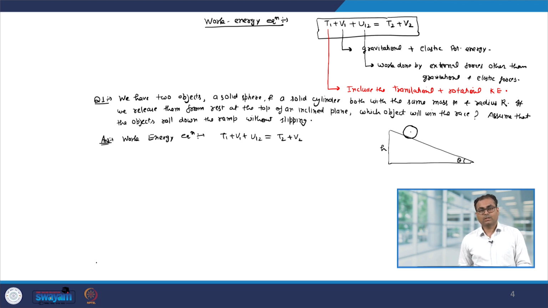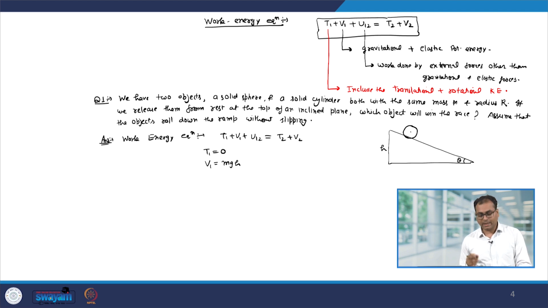So, initially the object is at rest, therefore, T1 will be 0, the initial kinetic energy will be 0. V1 is the potential energy, so it has only the gravitational potential energy, that is equal to mgh.